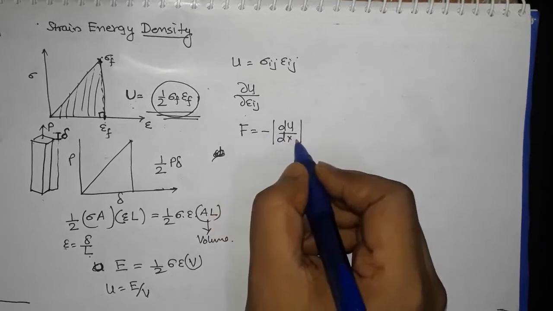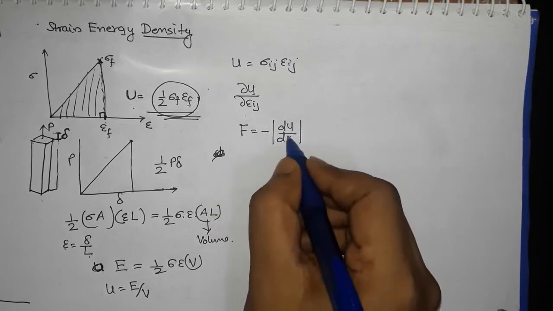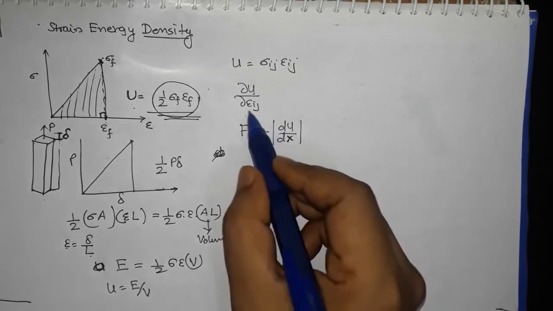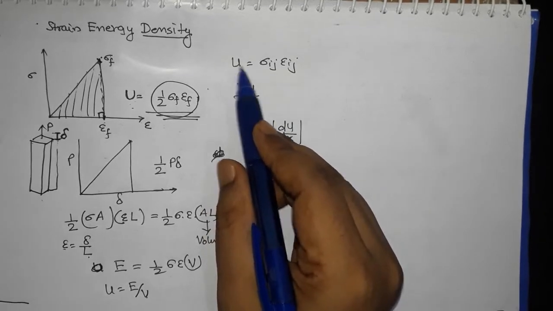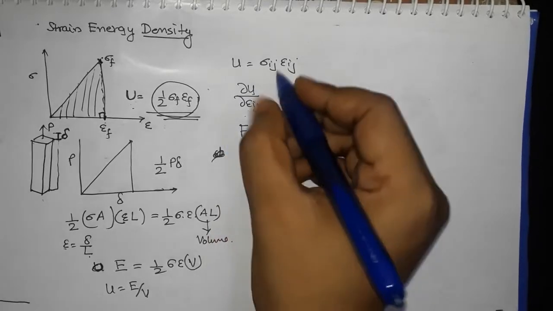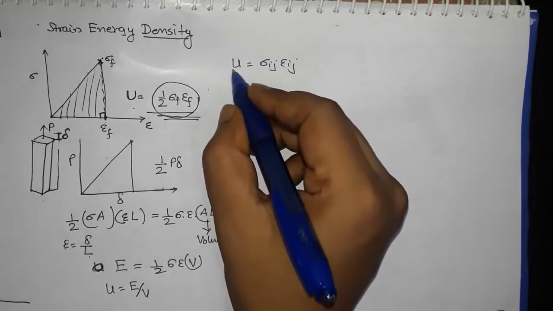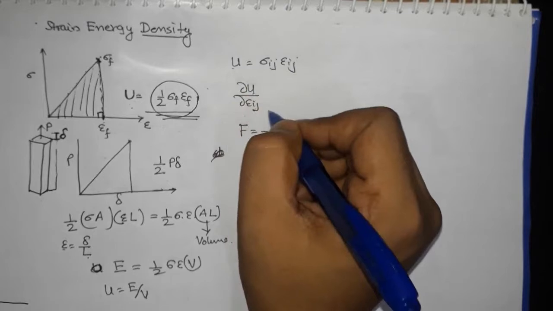So force is the first derivative of energy with respect to the spatial direction. Now here the only difference is I have strain. So the derivative of energy with respect to strain should be stress. Okay, so it doesn't matter, energy you will get only one value, because it's a scalar value.